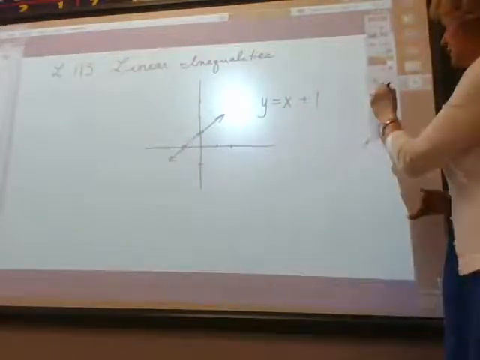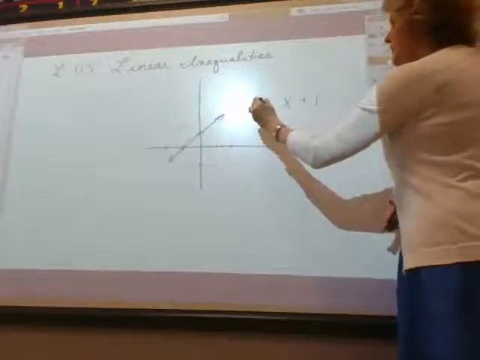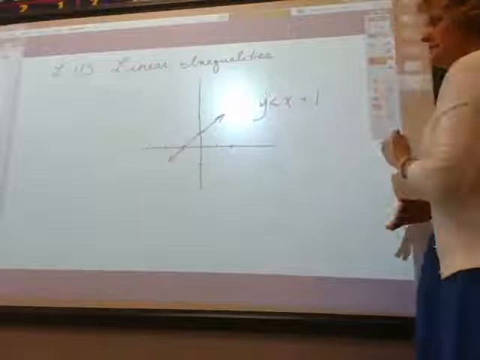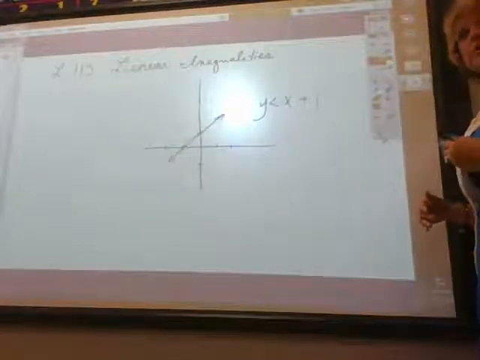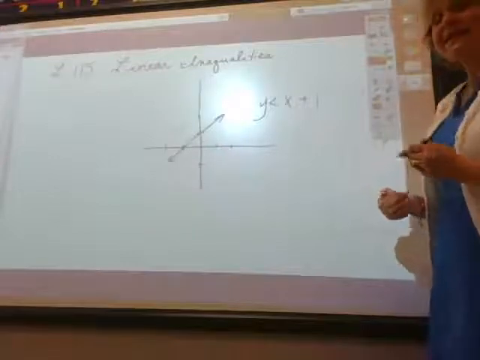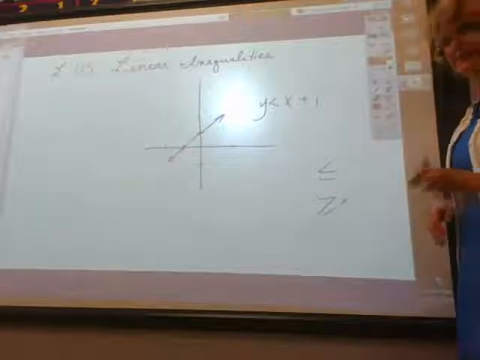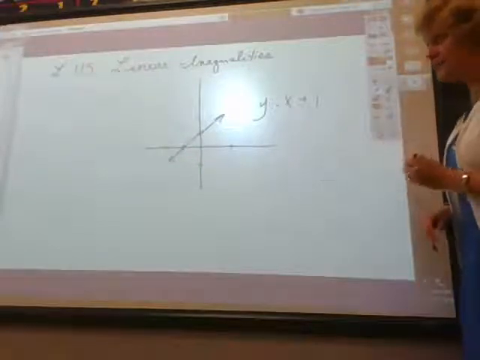So instead of equal, you may have y is less than x plus 1, or y is greater than x plus 1, or y is less than or equal to, or greater than or equal to.